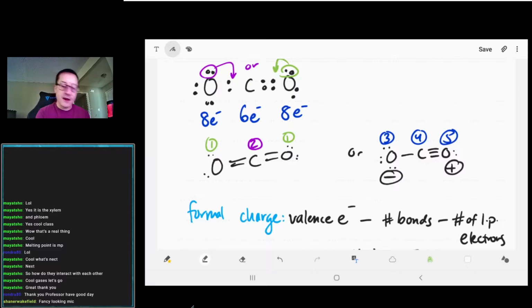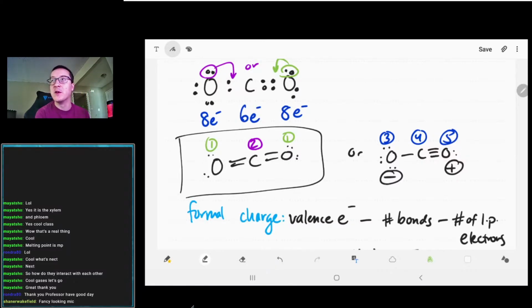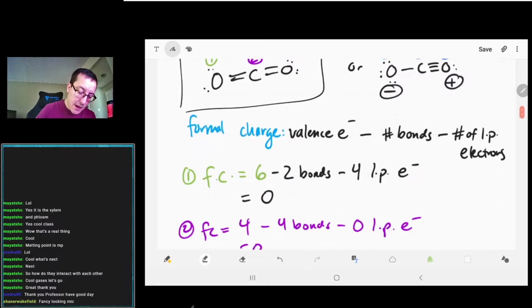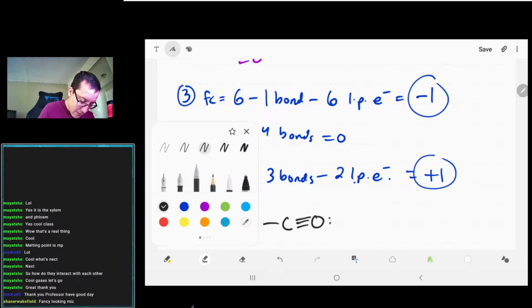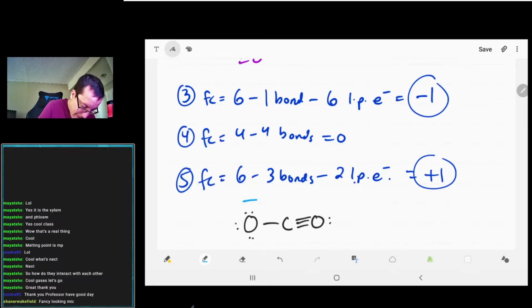And we see the one on the left, we saw that all of those had 0. And so Lewis structures that have no formal charges are going to be superior. So this one will be our preferred form for carbon dioxide. I'm going to go ahead and redraw the molecule over here. We're going to see that this Lewis structure that we've drawn here actually has a positive and a negative charge on it.